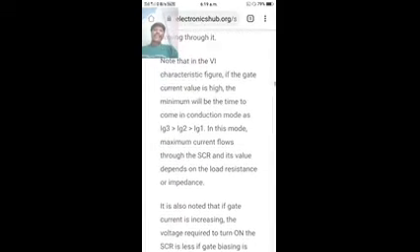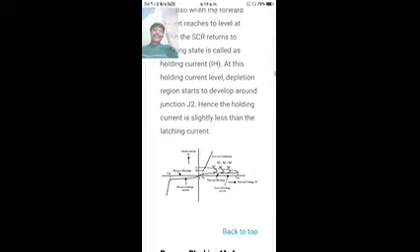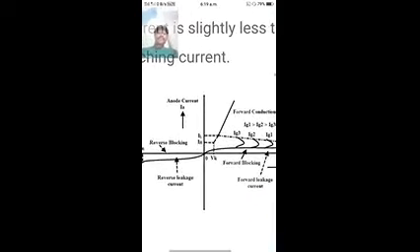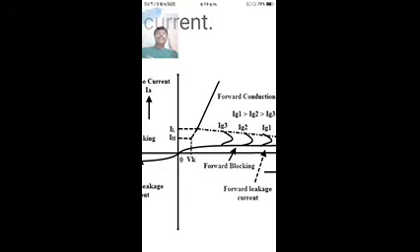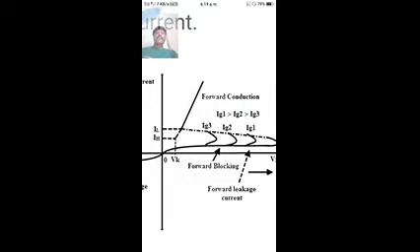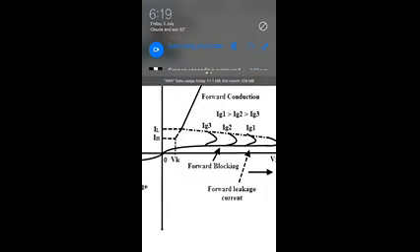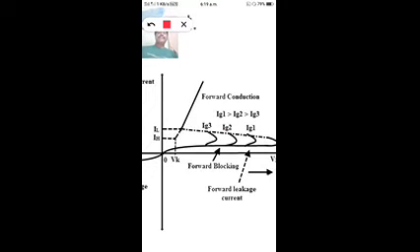So here in the VA characteristics, let us see. Ig1, Ig2 and Ig3 are the values of the gate currents, where Ig3 is less than Ig2, which is less than Ig1.